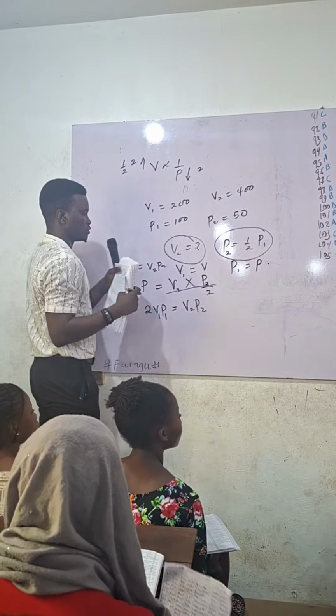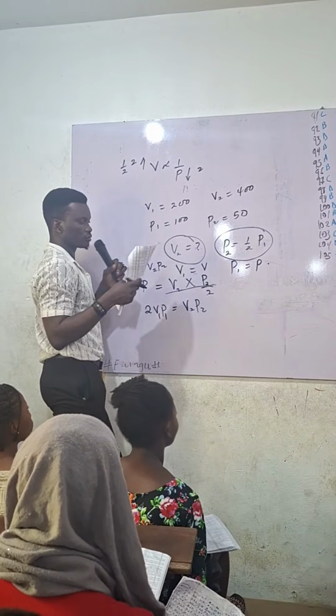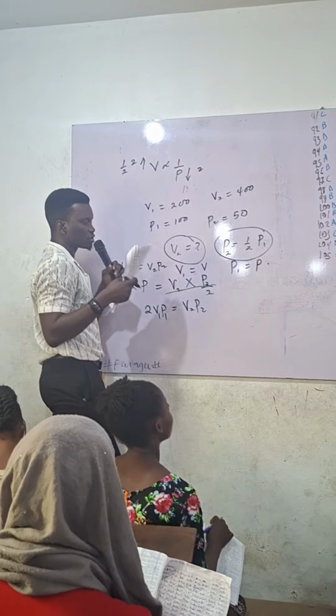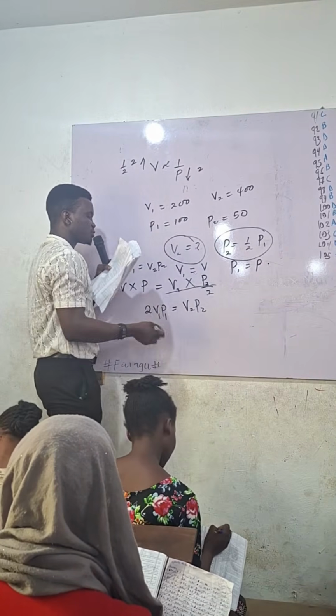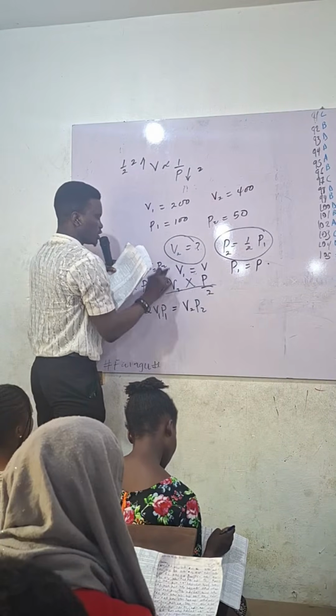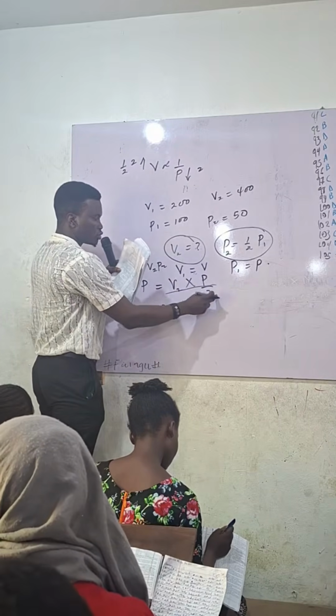P2 is half P1. They said the new pressure is out, so your P2, whatever it is, is P over 2.